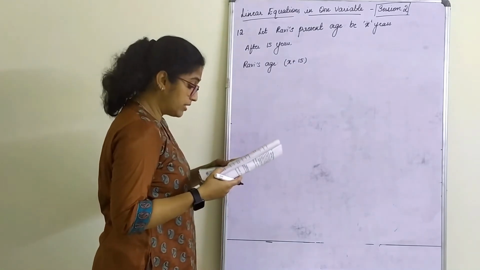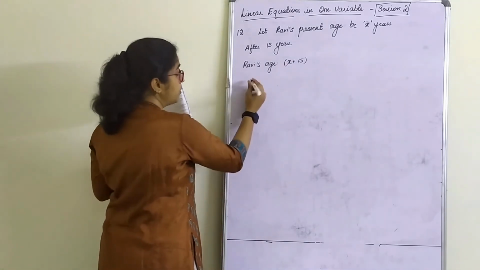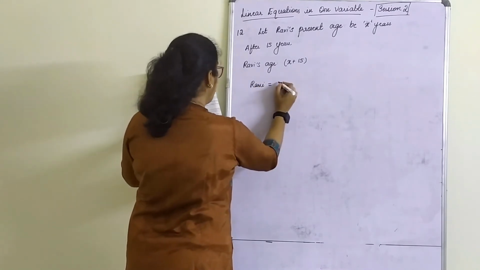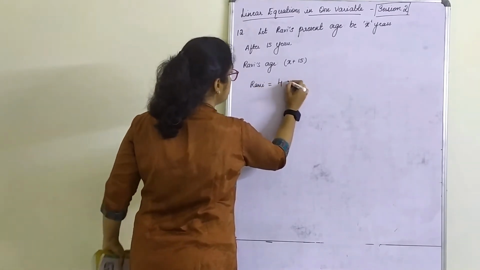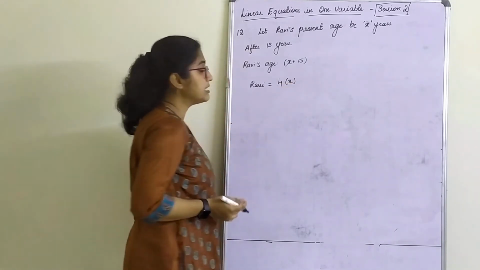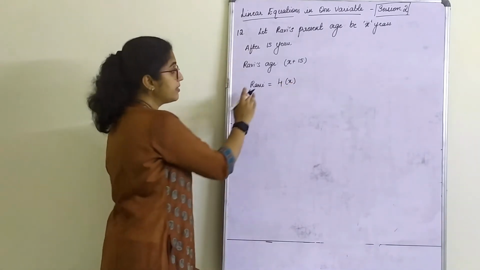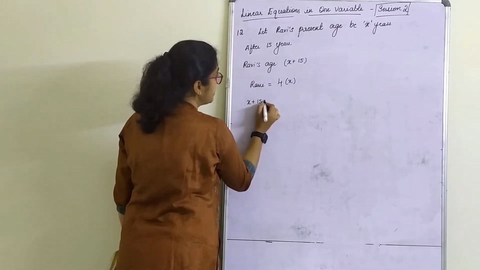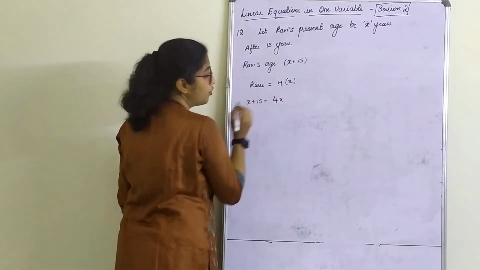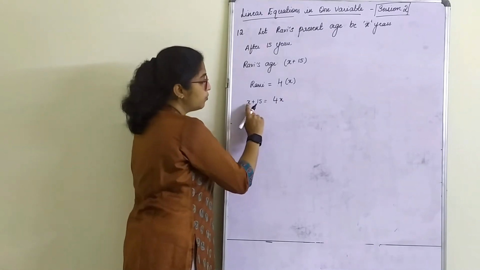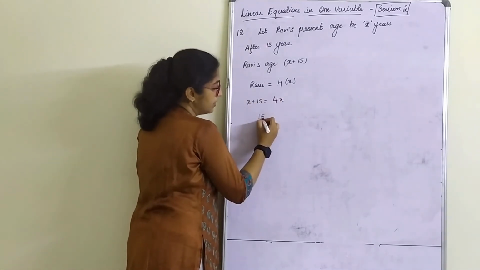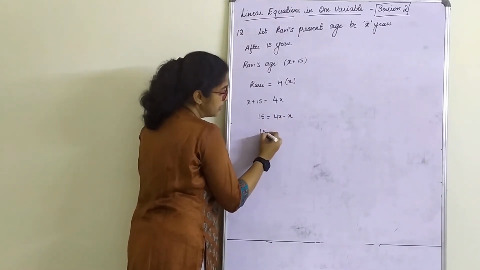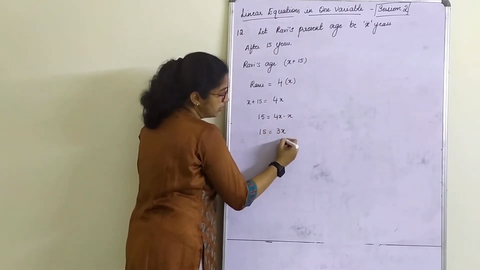Now, read the question once again. 15 years from now, Ravi will be 4 times his present age. His present age is X. We have written there. So 15 years from now, Ravi's age is X plus 15 is equal to 4X. So what we do? We'll shift X this side. 15 is equal to 4X minus X. 15 is equal to 3X.